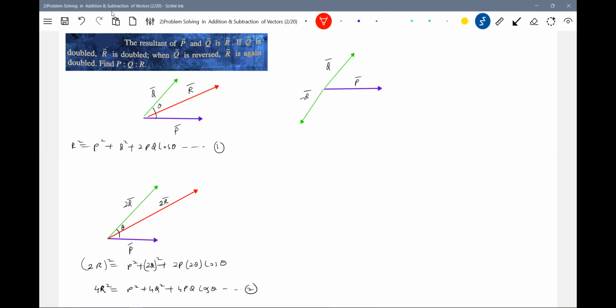Then the resultant we'll get is again doubled, 2R bar. The angle between them earlier was theta. Now some other angle will come into picture. What will this angle be? 180 minus theta.